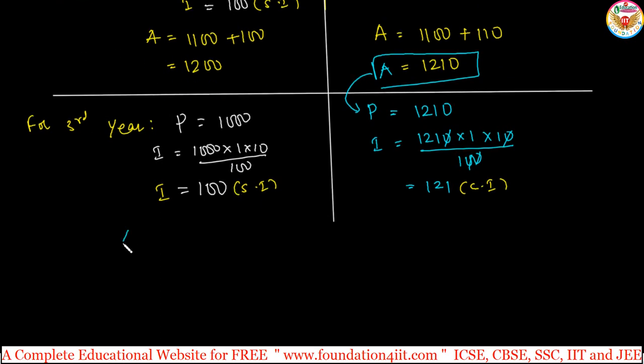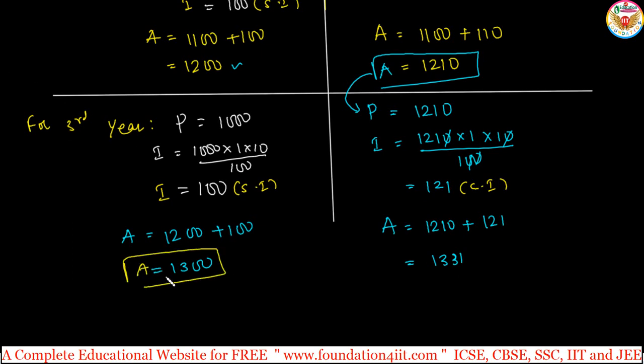Now when you come to the amount, the second year amount is 1200 plus this 100 interest of the third year, so the total is 1300. But the amount here is the second year amount of 1210 plus the third year interest of 121. That is 1331. You can observe that the amount on simple interest is 1300 and the amount on compound interest is 1331.